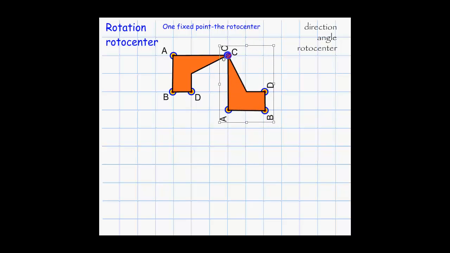But 90 degrees counterclockwise this time. Now something I want you to notice that happened with this rotation, point C stayed right there, stayed where it was in the original. So there's one fixed point in a rotation, and that is the rotocenter.